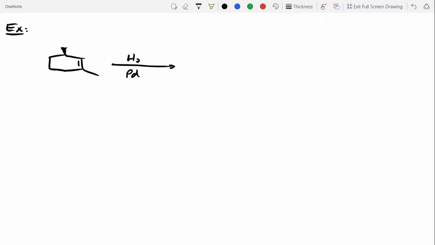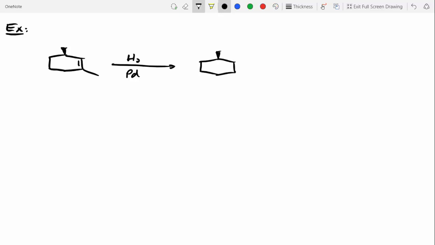We're going to pressurize this and shake it up. What product or products might we get out of this reaction? You'd get two products.